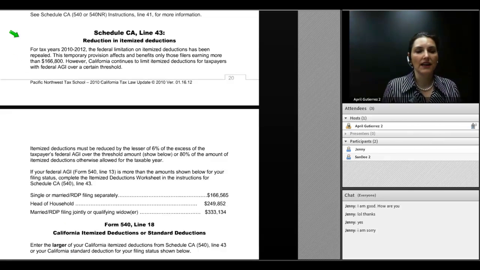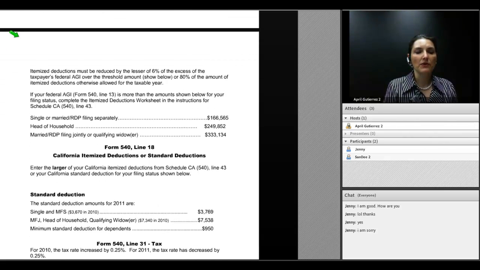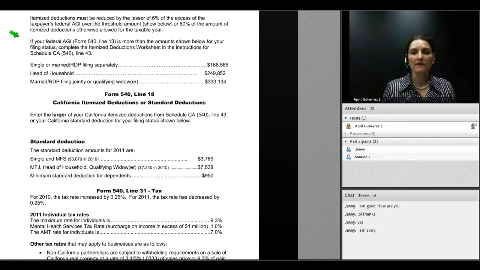California Schedule CA line 43, reduction in itemized deductions. For tax years 2010 through 2012, the federal limitation on itemized deductions has been repealed, and this means at the federal level there is no phase-out of itemized deductions. But California has no similar repeal of its provision, and the phase-out on itemized deductions does still apply to the California return.